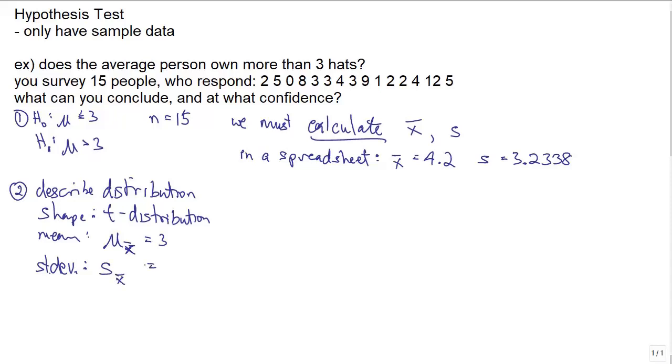The standard deviation of the distribution is going to be the S that we calculated, which is the sample standard deviation, but divided by the square root of n, which in this case is rad 15. And if you type that in and work it out and round it to 4 decimal places, you get 0.8350.